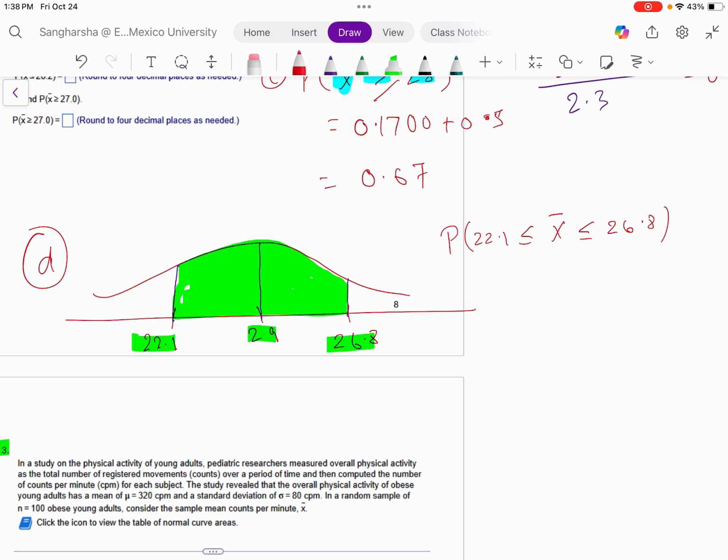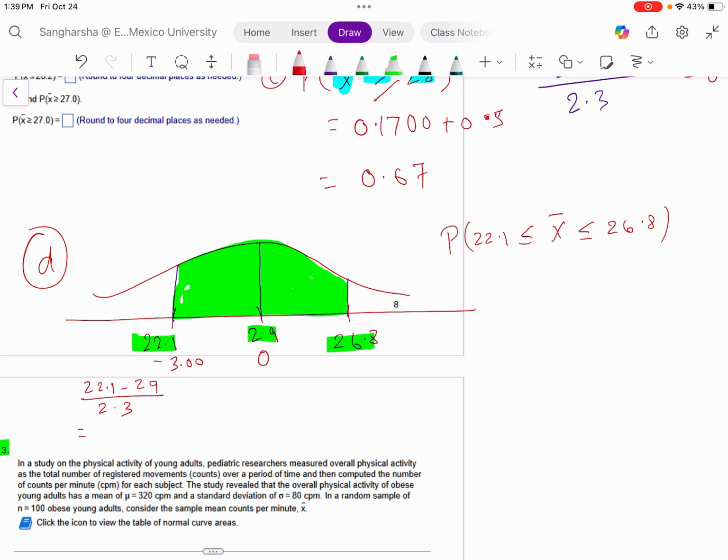So for 22.1, it's 22.1 minus mu of x bar 29 divided by sigma of x bar 2.3, and that's negative 3.00. G for 29 is always 0.